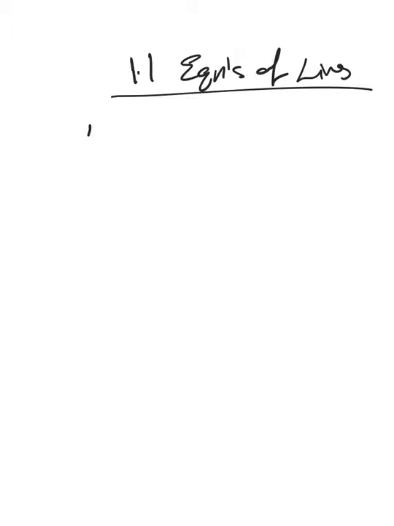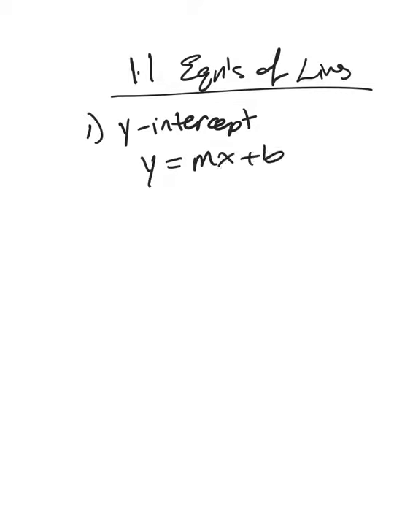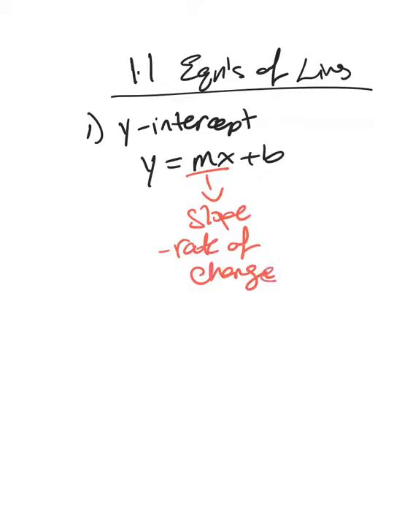The first type, which you guys should all know from like 7th or 8th grade, is the y-intercept type, which you guys all know as y equals mx plus b, where m is your slope, also known as rate of change, and b is your y-intercept, also known as your starting point.